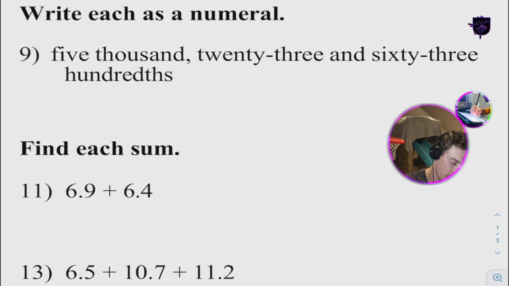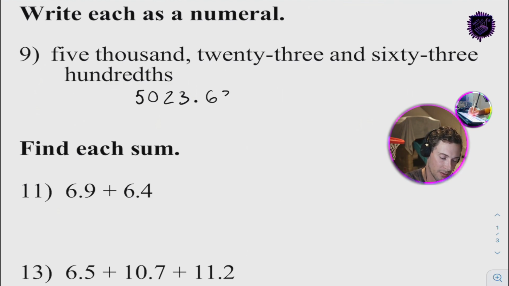Okay. 5,023, decimal point and 63 hundredths. 63 hundredths. That's it. You could write a 0, but it doesn't change anything, and I wouldn't write a 0.